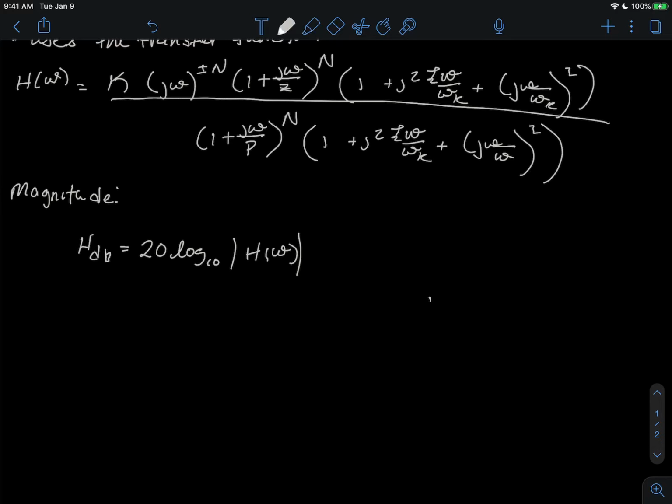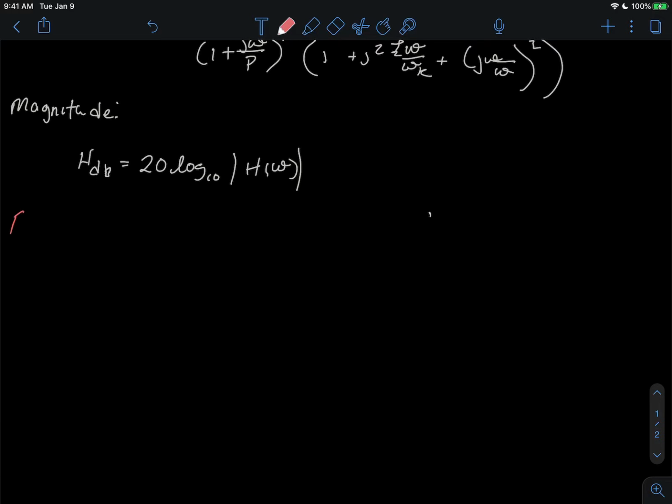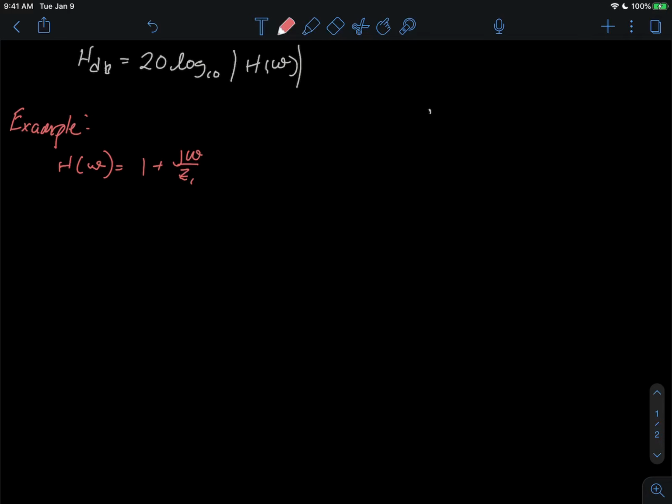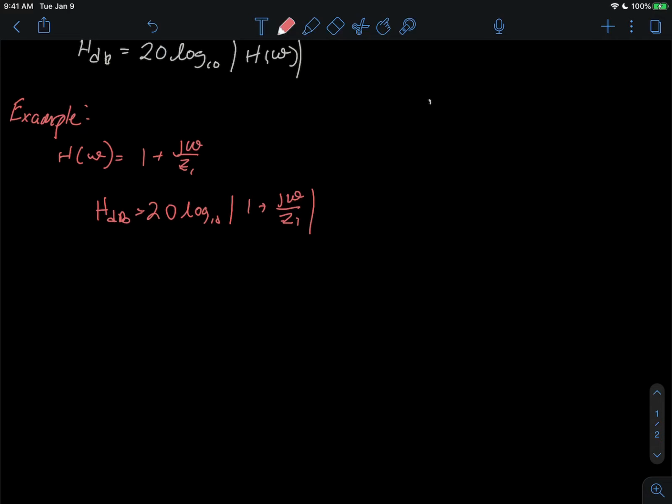For example, if we have a transfer function of 1 plus j omega over z1, to get the H dB, H dB equals 20 log base 10 of the magnitude of that transfer function, so 1 plus j omega divided by z1. When you do that, you want to think about it in steady state, or at omega equals 0.